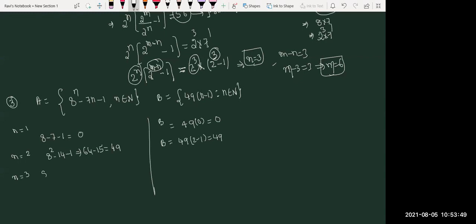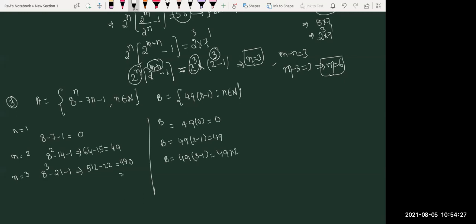N equal to 3: 8 cube minus 21 minus 1. Find the value of 8 cube, which is 512. 512 minus 22 is 490. So 490 is 49 into 10. On the B side, for n equal to 3, it is 49 into 3 minus 1, that is 49 into 2.